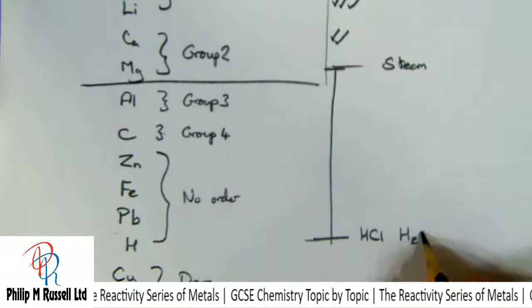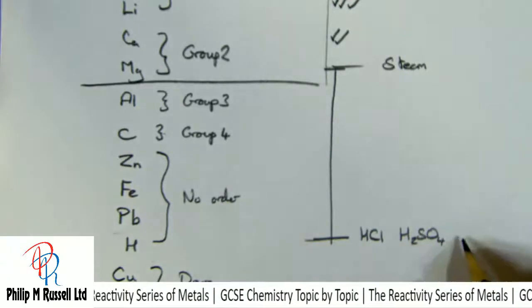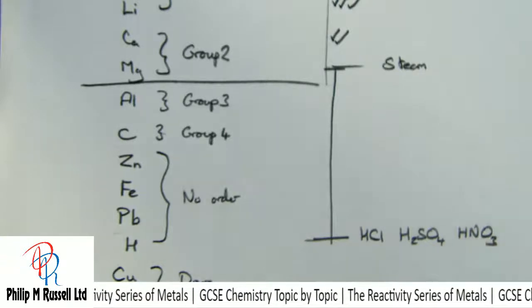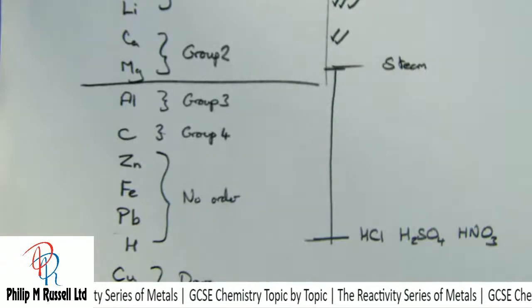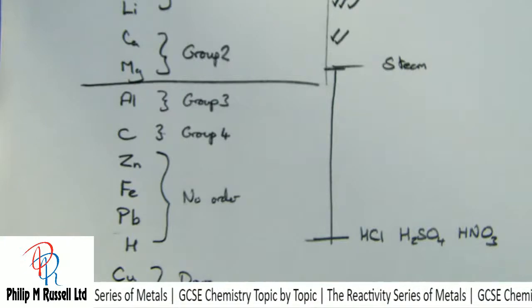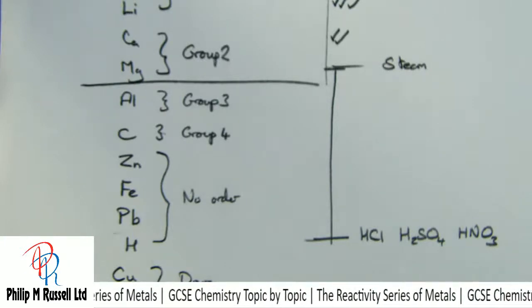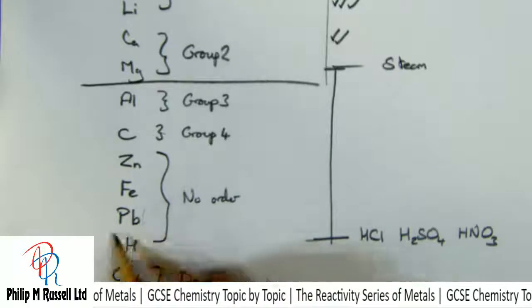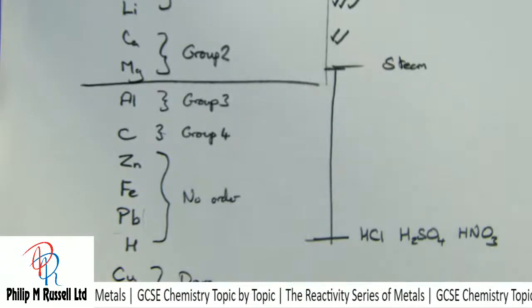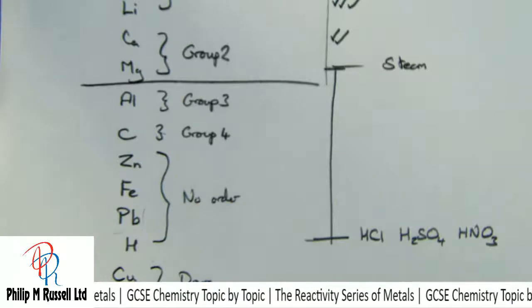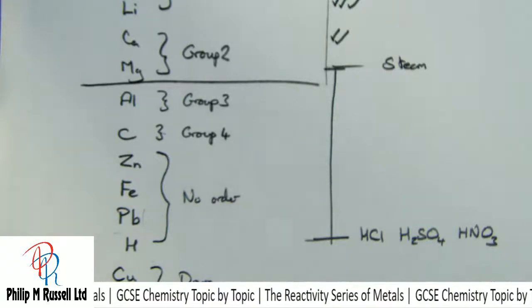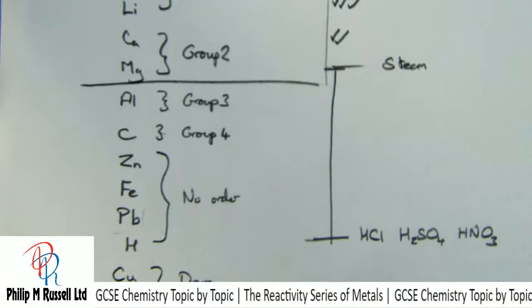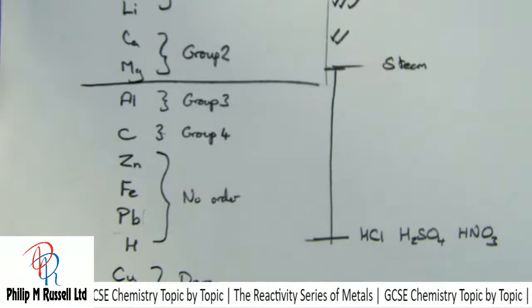It's the H2 in H2SO4. It is the H as in the HNO3. If you want to try and get some of these to go, then we might need to have warmer acid. And then these here, basically no reaction.